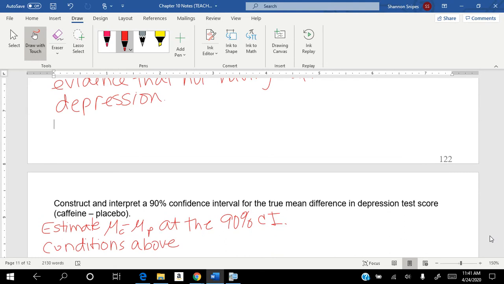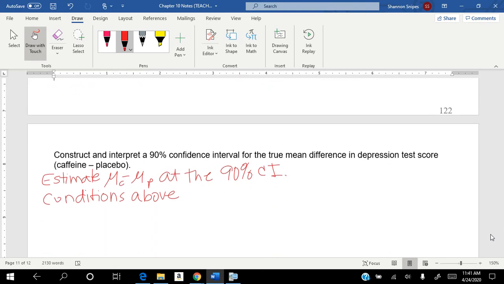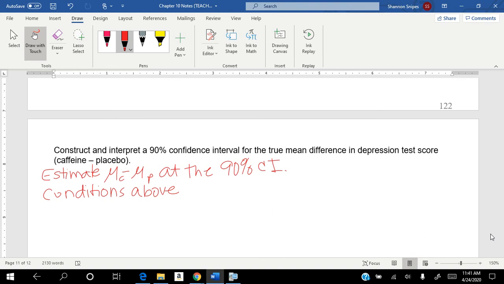All right, and then it wants us to construct and interpret a 90% confidence interval for the true mean. So we're going to estimate the difference in the 2 mean depression scores, which we already defined up top, so we don't have to define them again. And we're going to do it at the 90% confidence level. So that's the state step. The conditions are the same, so we checked those above. We don't need to check them again.